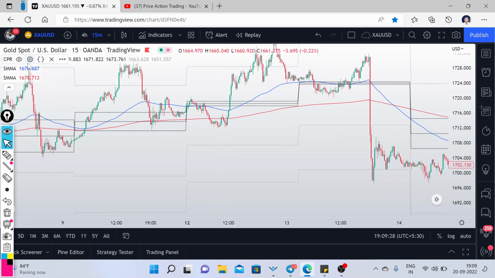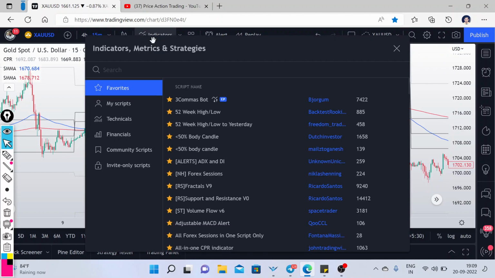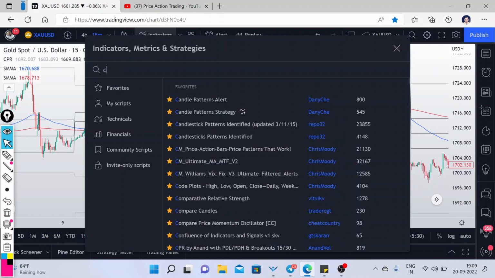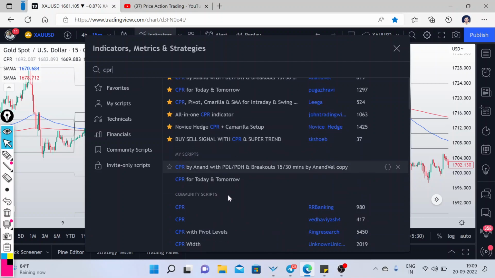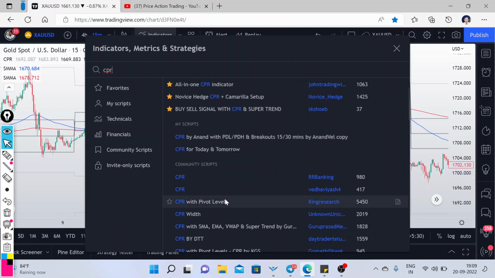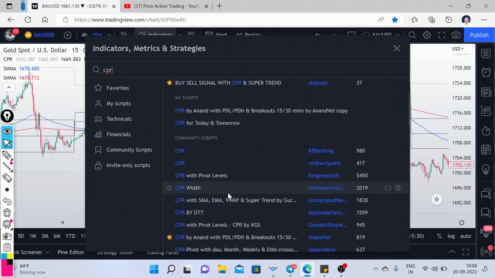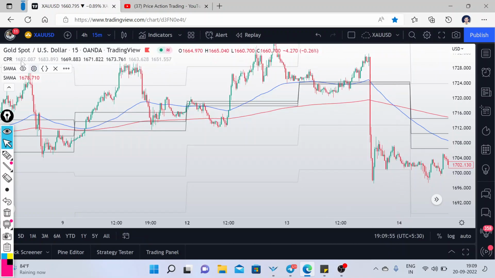And many of you are asking about the CPR. If you are using TradingView, you just have to head over to the indicator section, and in indicators you have to find CPR. You can see there are different types of indicators you can get from here. You just have to click on any of these indicators and customize it as per your setup.